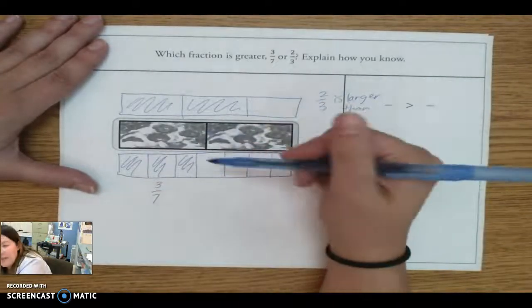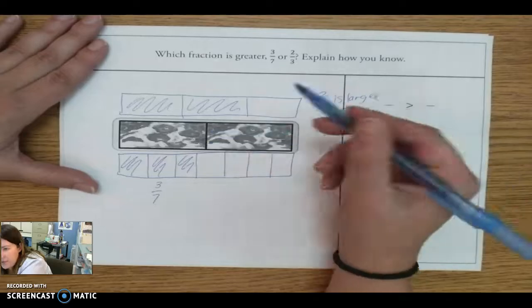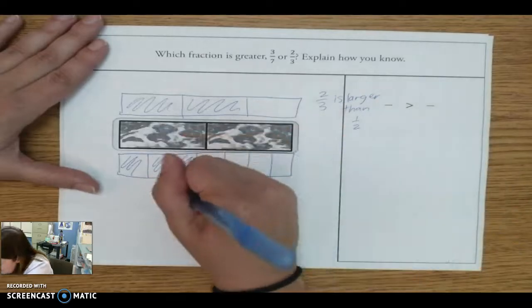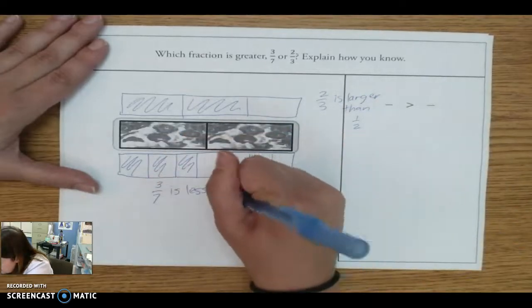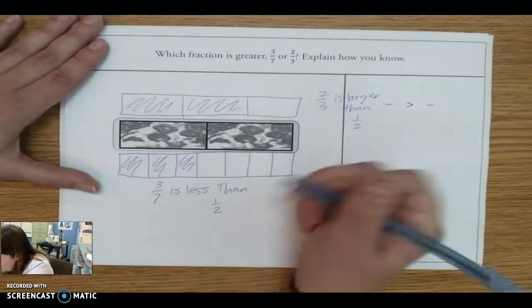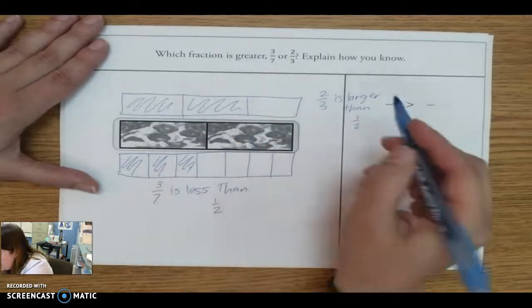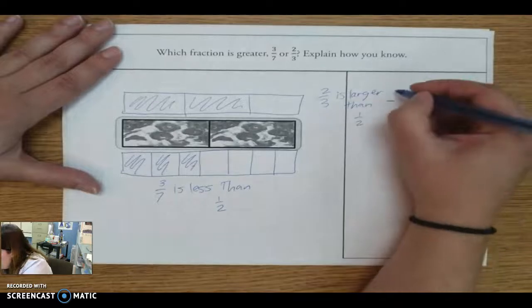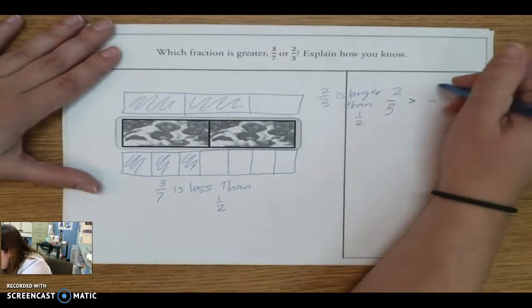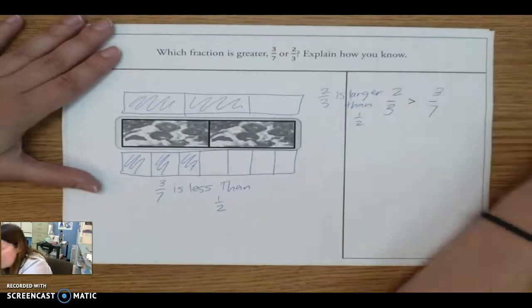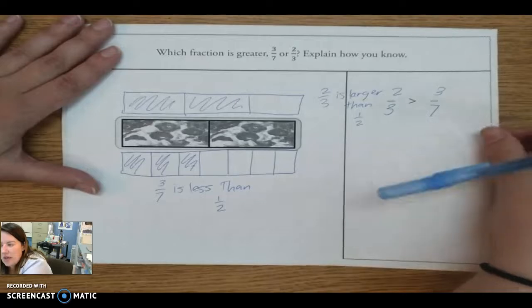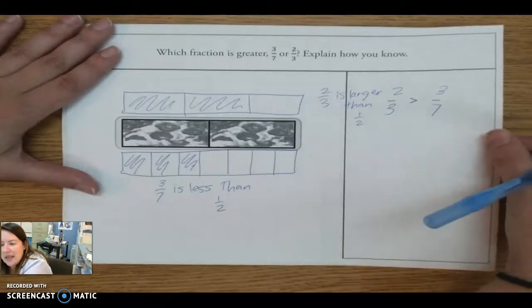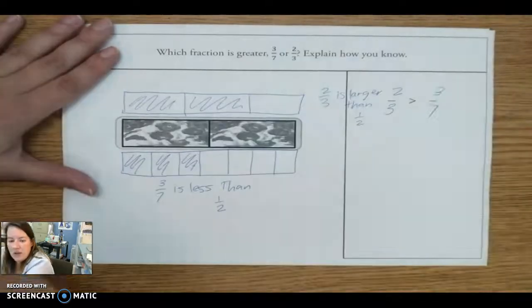Is 3/7 more or less than a half? It's less than 1/2. So if I know this is less than a half and 2/3 is larger than the half, then that will help me figure out 2/3 has to be larger than 3/7, because it's larger than a half, and I know 3/7 is less than the half.